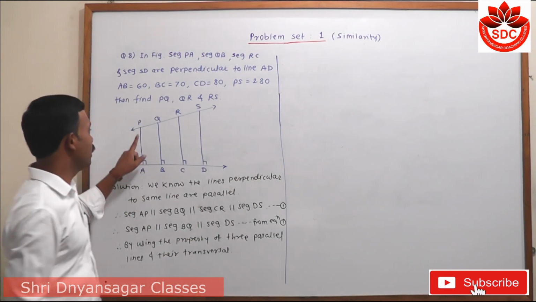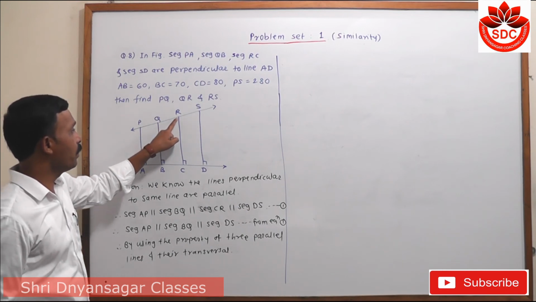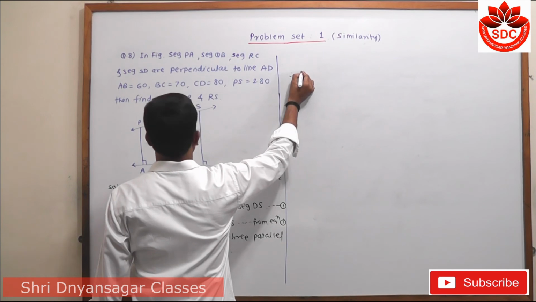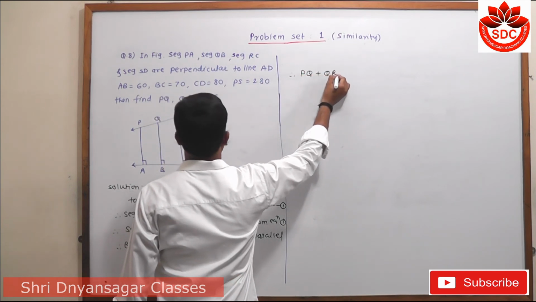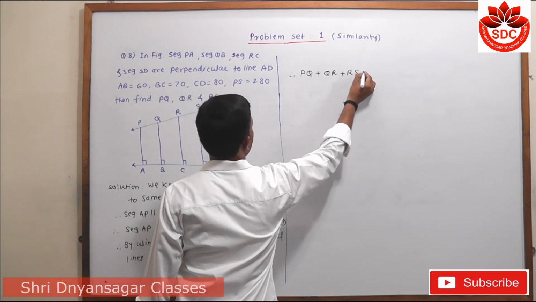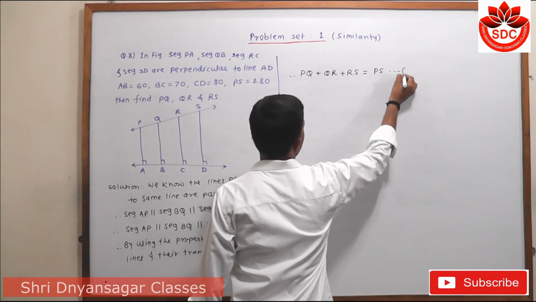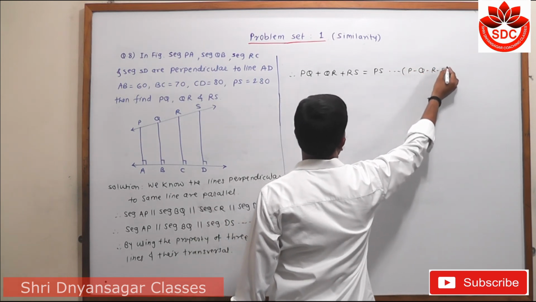Now PQ plus QR plus RS is equal to PS. Because the reason is that P, Q, R, S are on the same line.